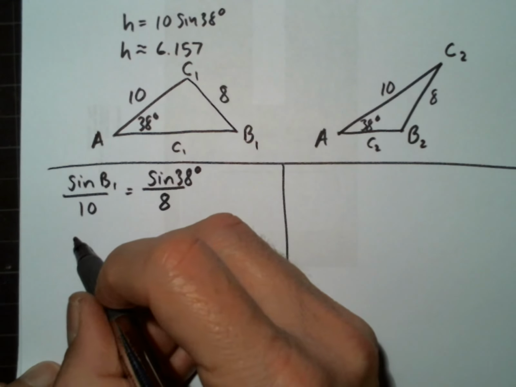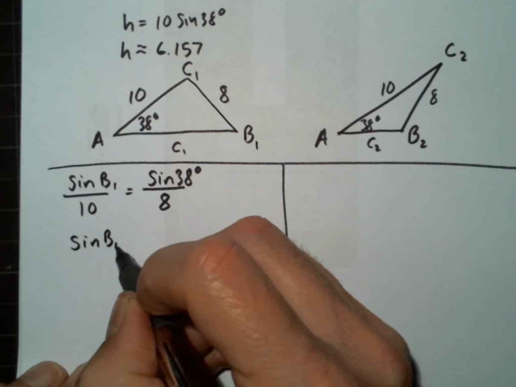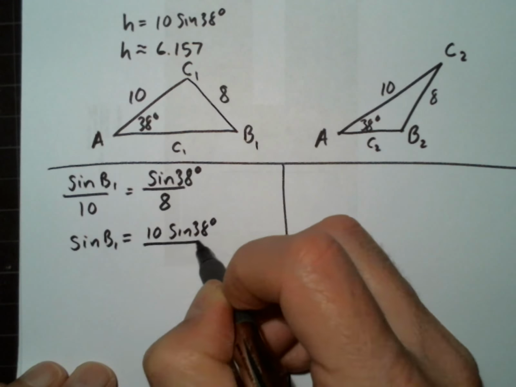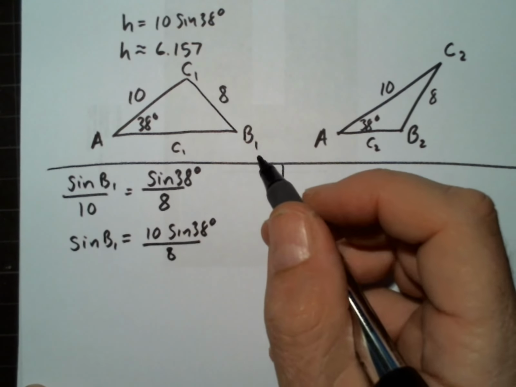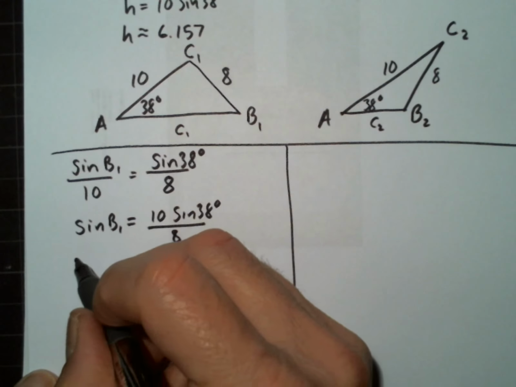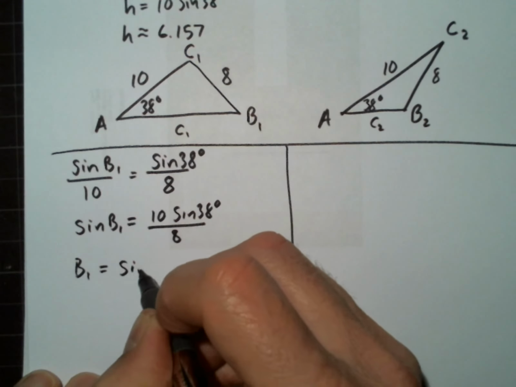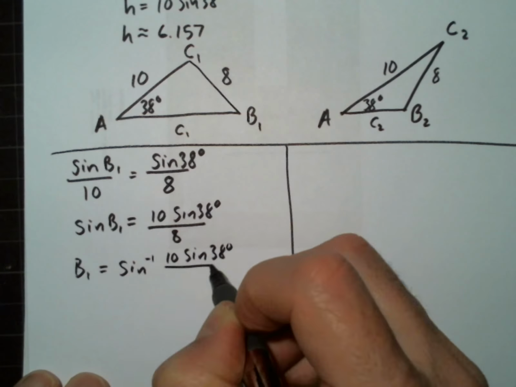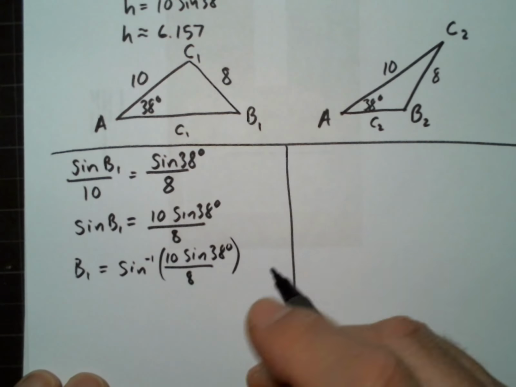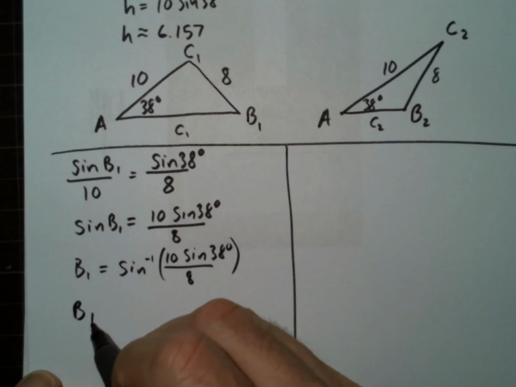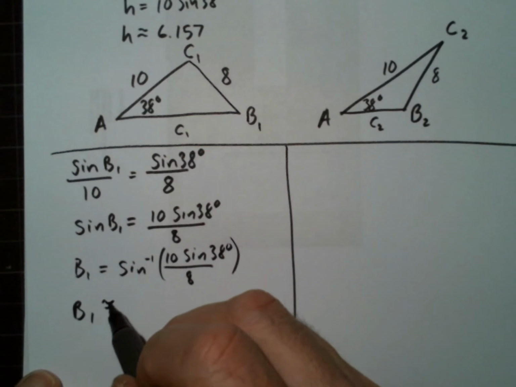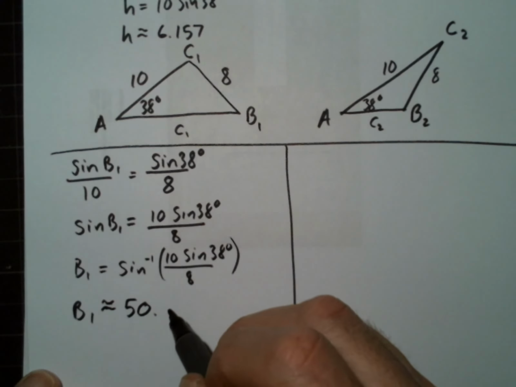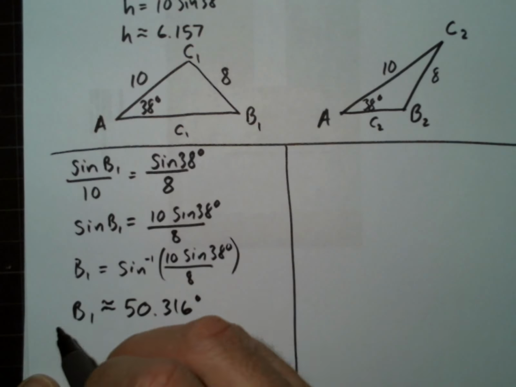Multiply by 10, and do inverse sine of both sides. So we get B1 is approximately 50.316.